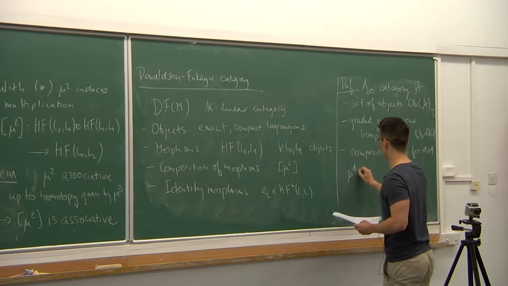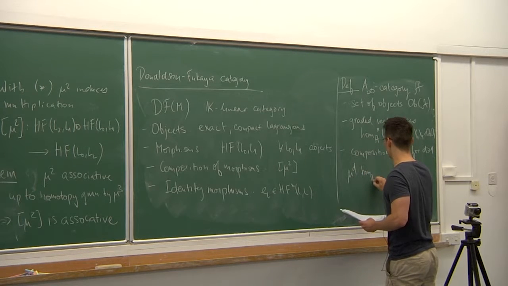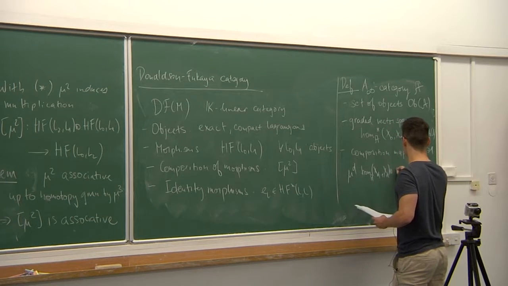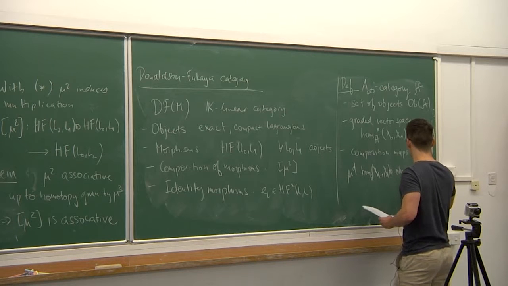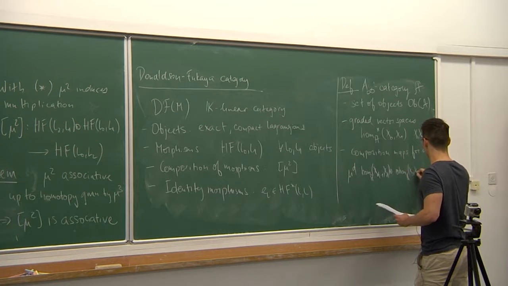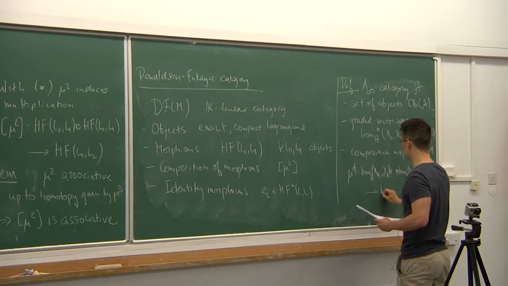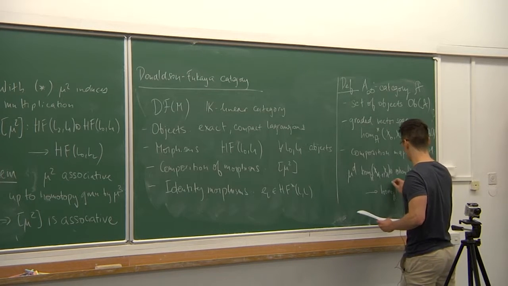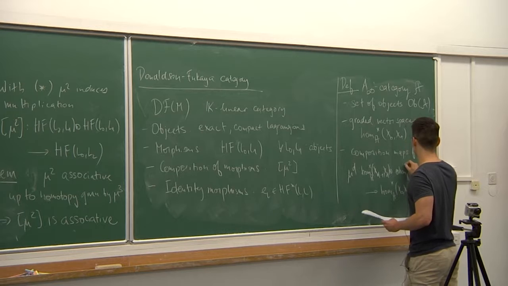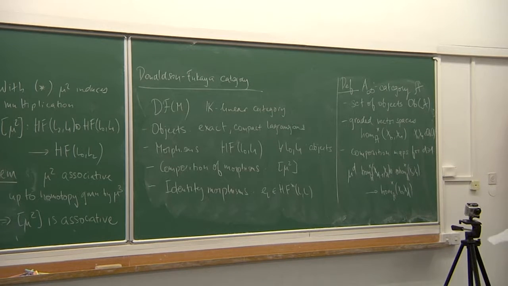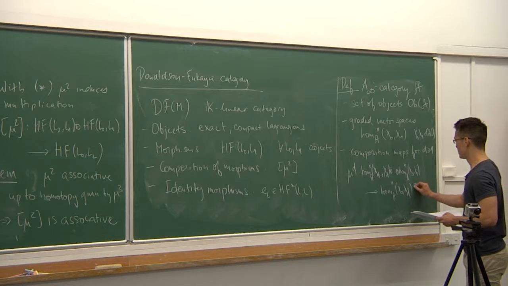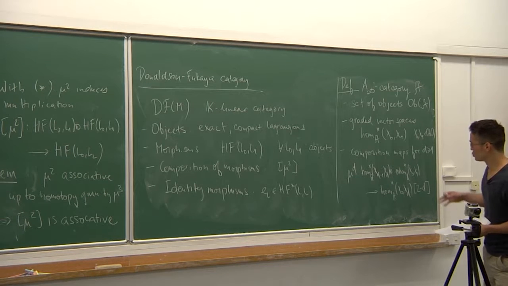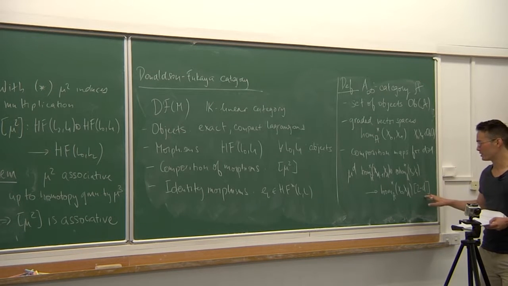Mu d goes from a tensor product of morphism spaces and maps into Hom A of x0, xd. Note that these maps shift the degree by 2 minus d. So this just means that the degree is shifted by 2 minus d.